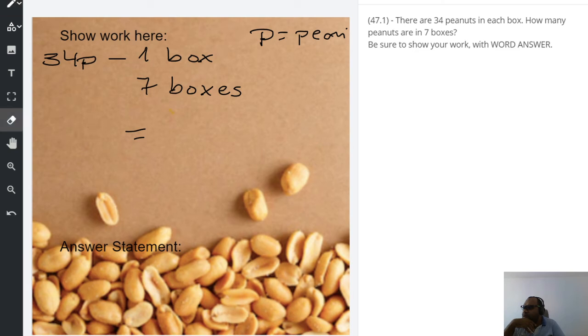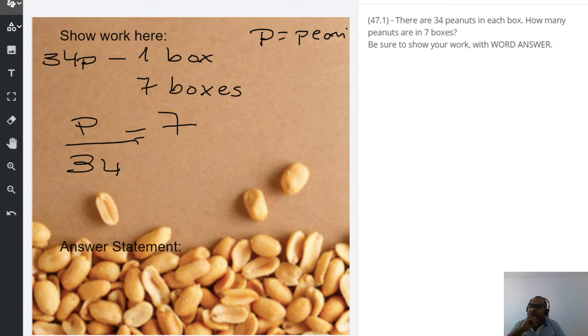Better over here. P is my quantity of peanuts divided by, oh, sorry, it's losing line. My bad. Okay, guys, right now it's better. P divided by 34. I know the total of boxes I have. It is 7. P divided by 34 equals 7.